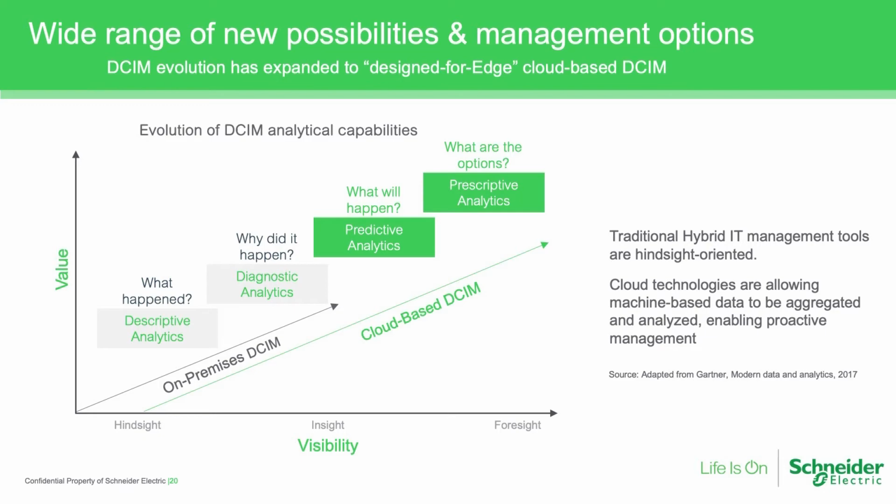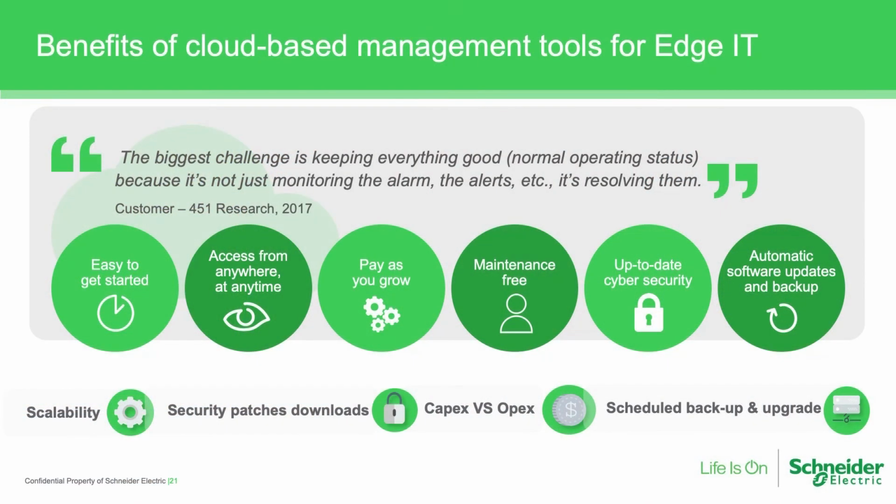So the power of DCIM is great. It helps you get visibility into your data center operations, where you can deploy capacity, where you may have hotspots. All that stuff has been done for a long time, and the tools have evolved and become smarter. But where we're going to get the next gain in efficiency and visibility into the data center operations is by moving this DCIM solution to the cloud.